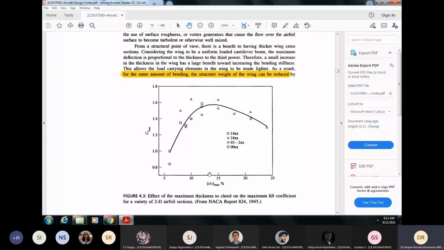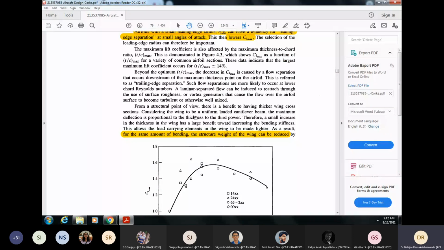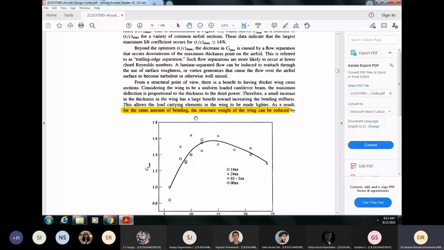If you increase it, the CL max decreases. If you decrease it also, the CL max will decrease. Before this, the problem is leading edge separation. After this, it is trailing edge separation.